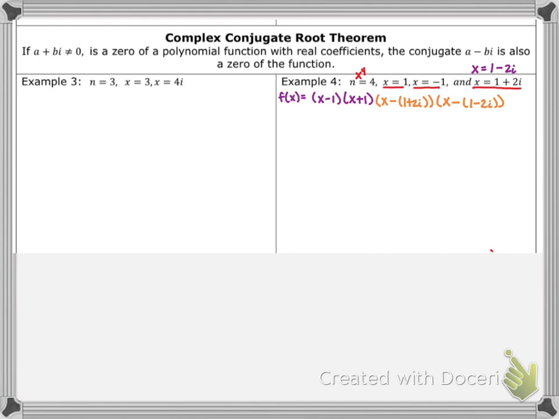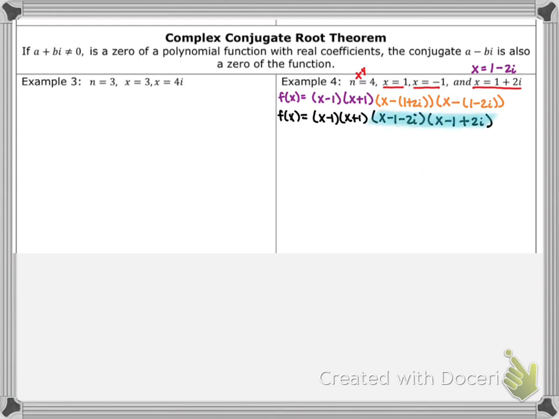So let's clean this up a little bit before we multiply. So I have f of x equals x minus 1, x plus 1. I get x minus 1 minus 2i in this first parentheses. And then in the next one, I get x minus 1 plus 2i. I'm going to use the box method to multiply the complex ones.